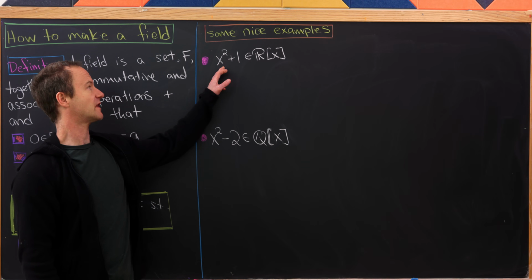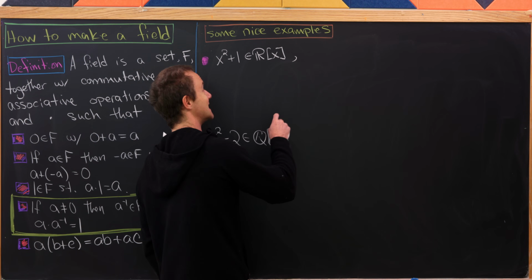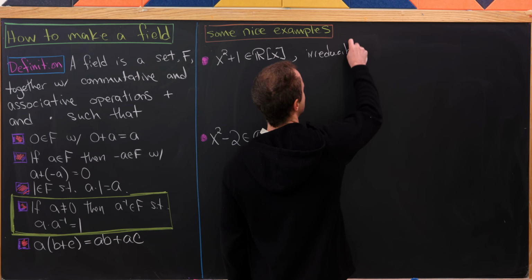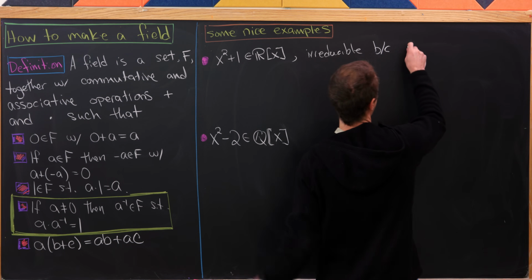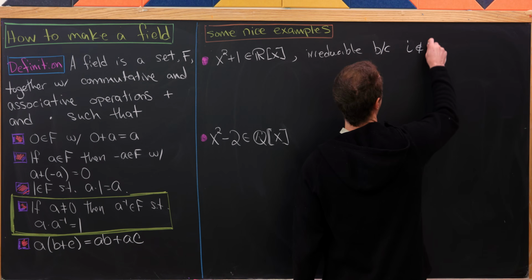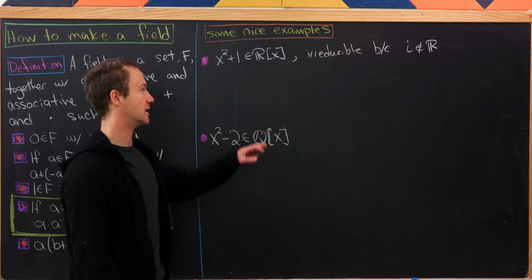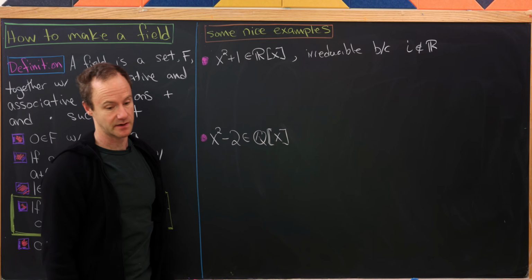The polynomial x squared plus 1 in R adjoin x is irreducible. We can pretty clearly see that this is irreducible because, first of all, the number i, the square root of minus 1, is not a real number, and that would be the only way to reduce this, by factoring it.